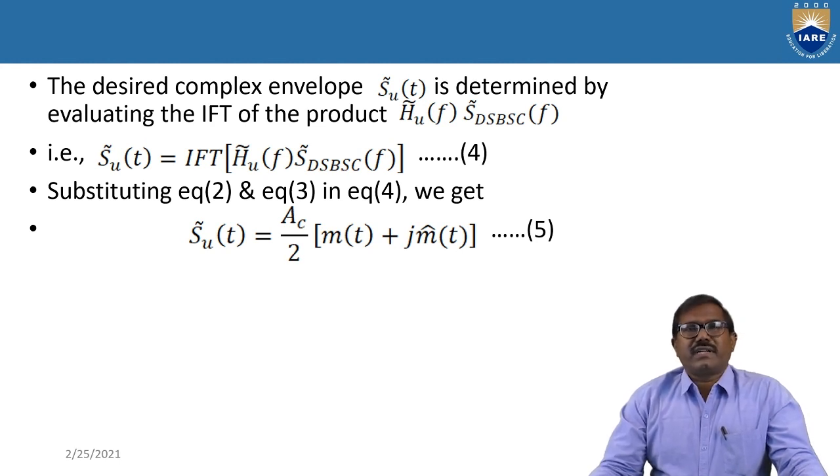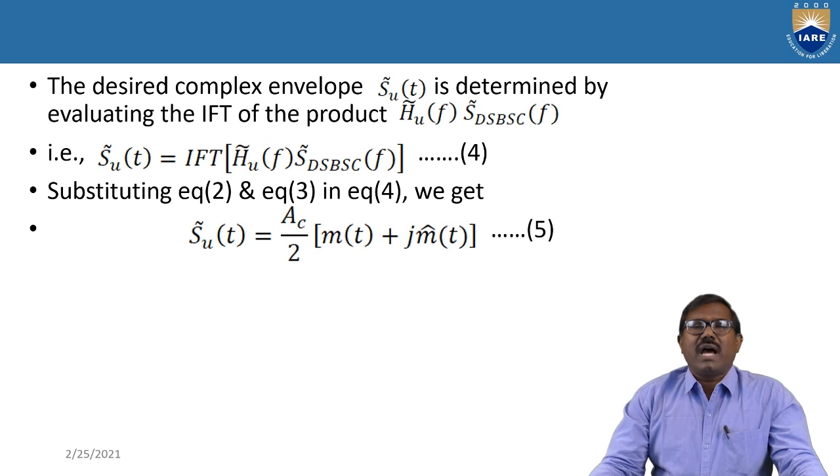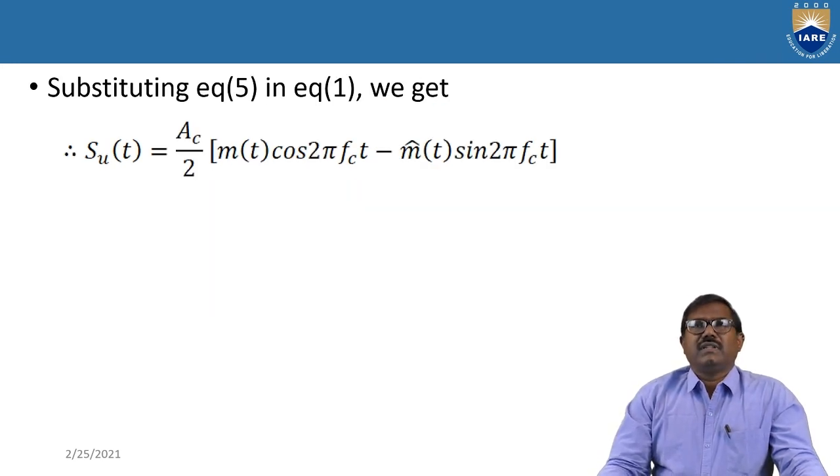By applying the inverse Fourier transform, this is converted into m̂. And substituting equation 5 in the first equation, we get s_U(t), which is equal to Ac/2 of m(t) cos 2πfct minus m̂(t) sin 2πfct.